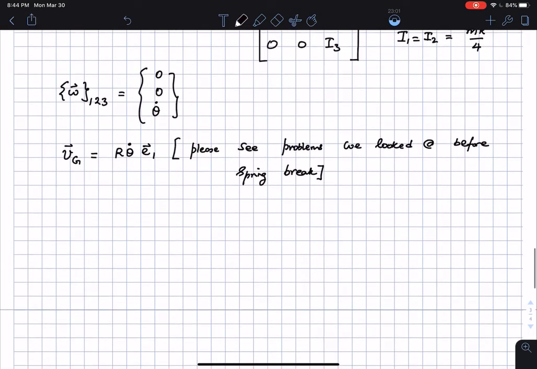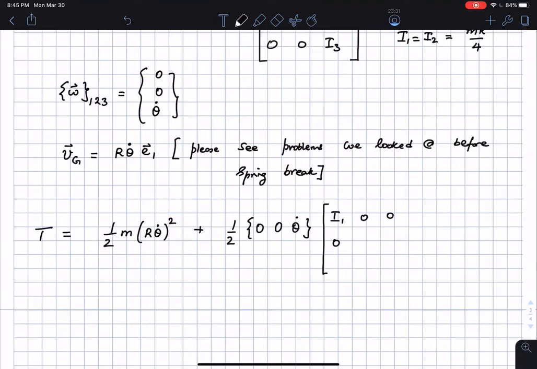Now if I write the kinetic energy, T is half m v_G square, which is r theta dot whole square, plus half times the transpose of the angular velocity vector, 0 0 theta dot, then I1 0 0, 0 I2 0, 0 0 I3, multiplied by 0 0 and theta dot.